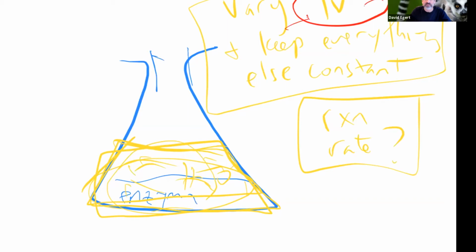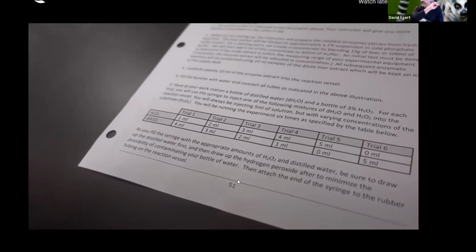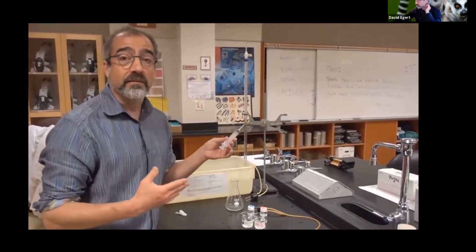Then I can't really interpret my data very easily anymore. So just putting that out there. All right, so let's continue with this. Again, another source of variability in this reaction is the total volume that the reaction is taking place in. So we want to make sure that each trial is the same volume.